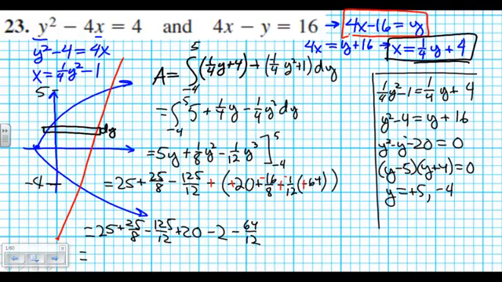That should simplify. 25 plus 20 is 45. Minus 2 is 43. 125 and a 64 is 189.